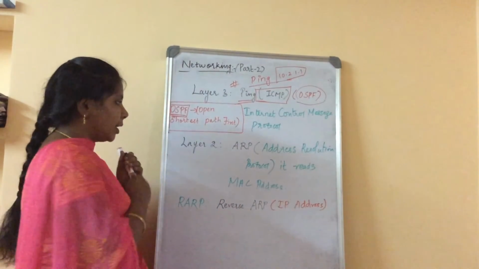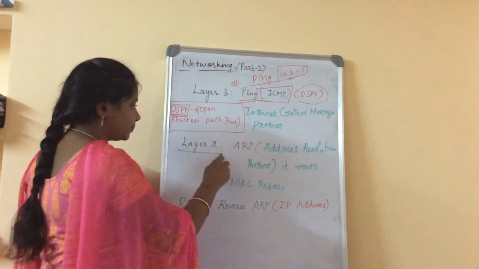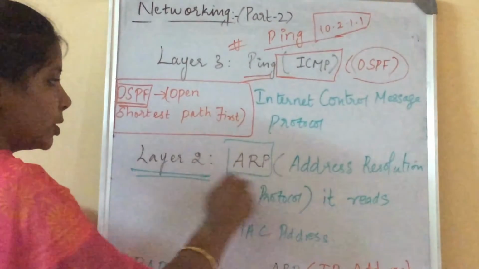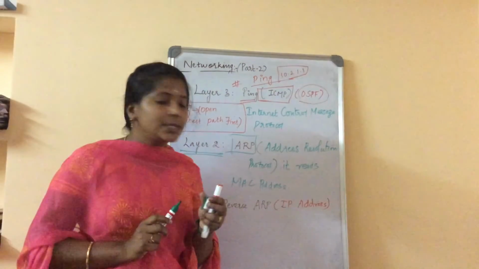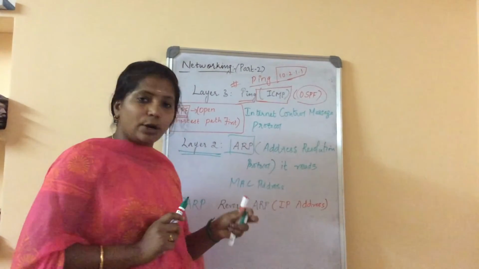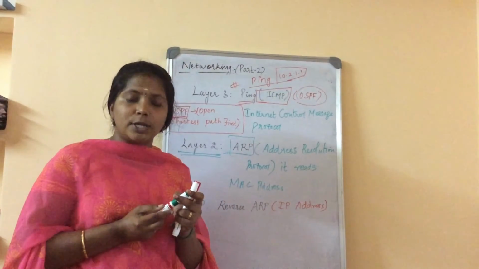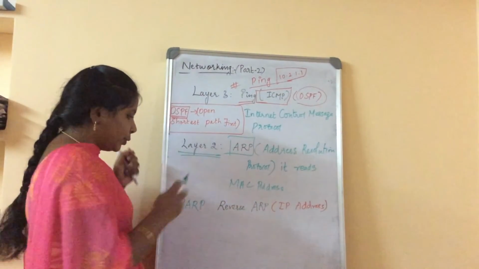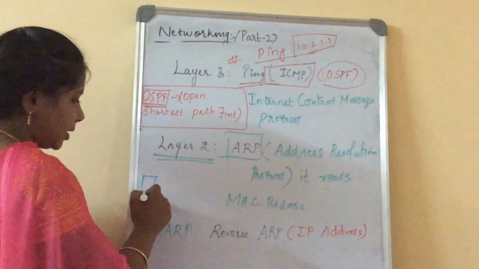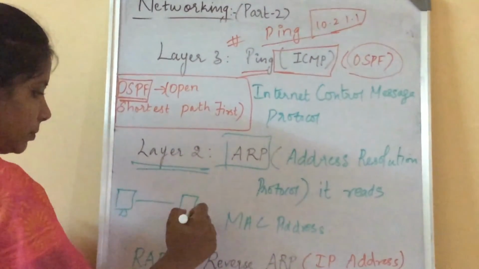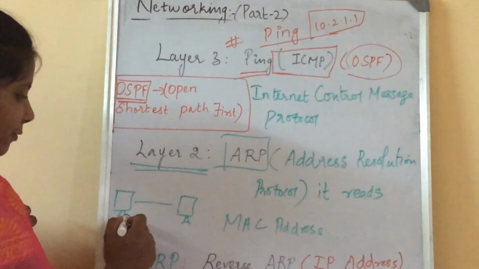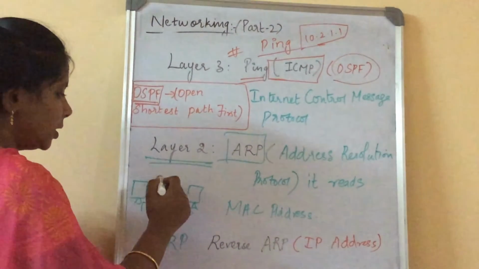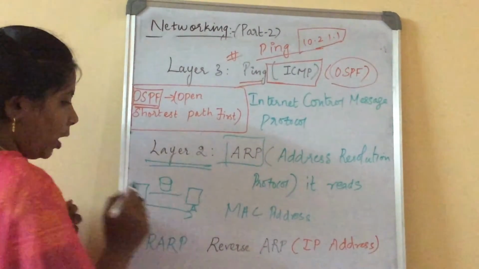Okay, now layer 2. In this layer 2, the protocol used is ARP. ARP is Address Resolution Protocol. See, I told you an example. From one client to the server, it sends a packet via the router. How will it send?